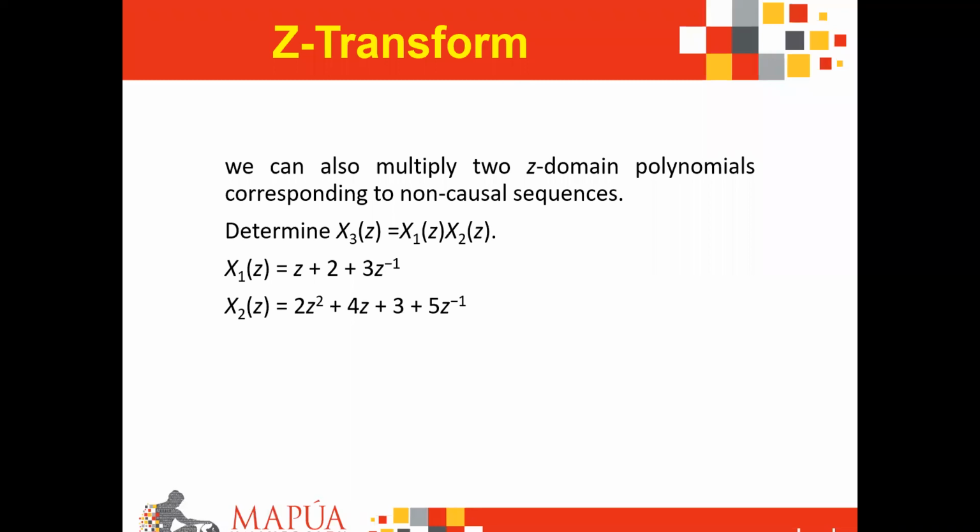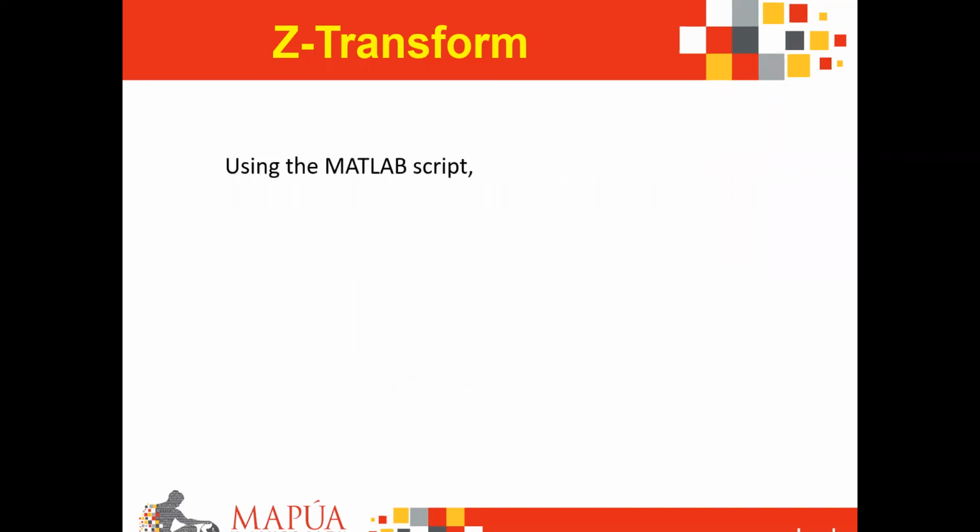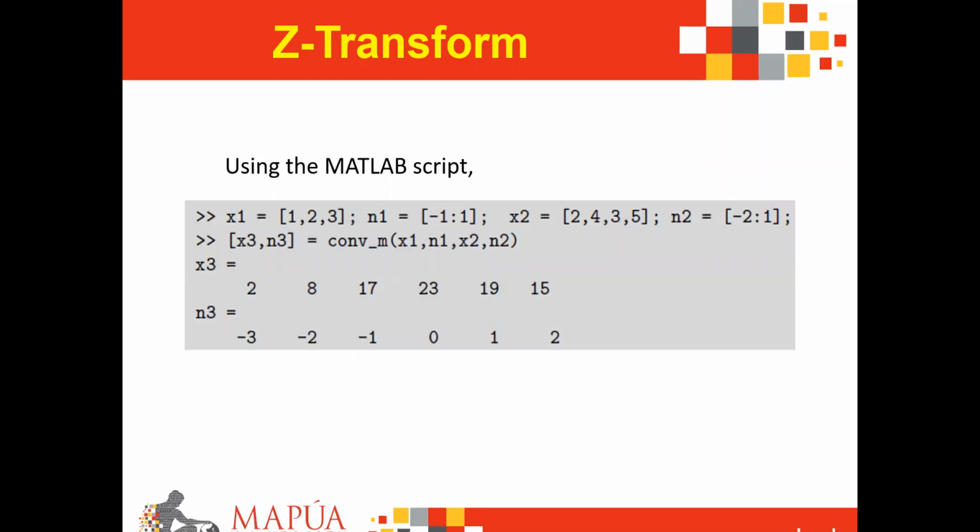So again, these are non-causal values. We have values on the left and values on the right. Using MATLAB again, you specify here, let me just show the annotation, this is the n. Did you get it? So 2 here is the one at n equal to 0, because it is negative 1 to 1.